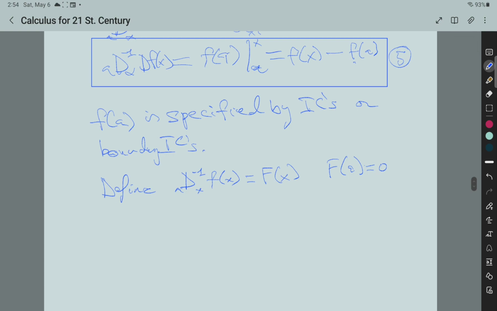So what is the value of, by induction, D to the minus 2, from A to X, of f of X?